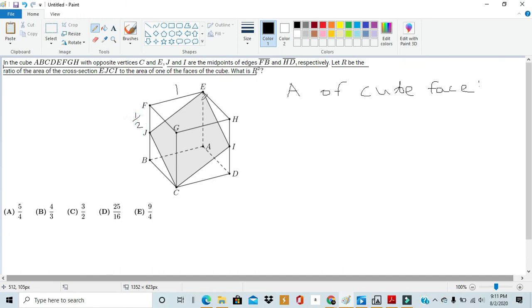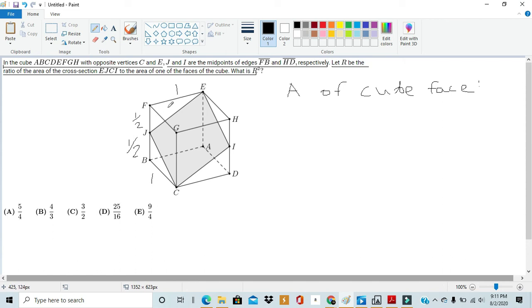Thus, the length of JE, the first side of quadrilateral EGCI, is just the result when using the Pythagorean theorem on 1 and 1/2. Similarly, if we look at the side JC, it is also the result of using the Pythagorean theorem on 1 and 1/2. As we can see, JB once again has a side length of 1/2 as it's half of FB, which has a side length of 1, and BC has a side length of 1 because it's an edge of a unit cube.